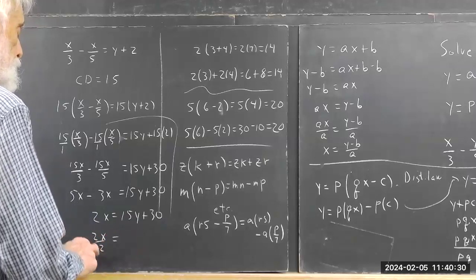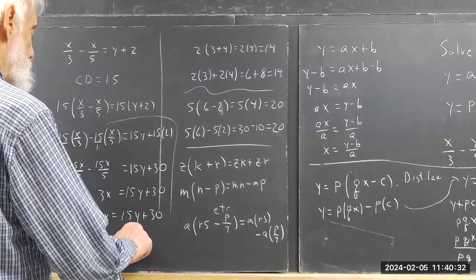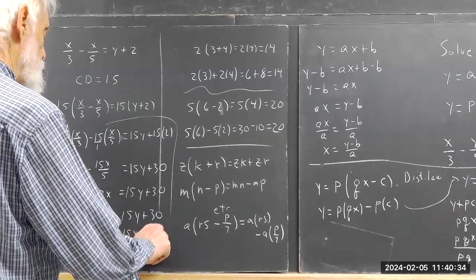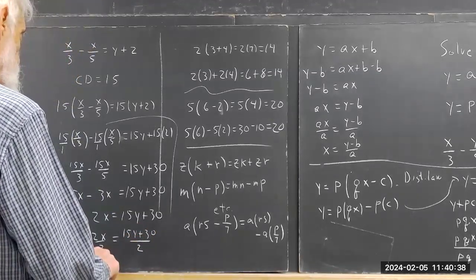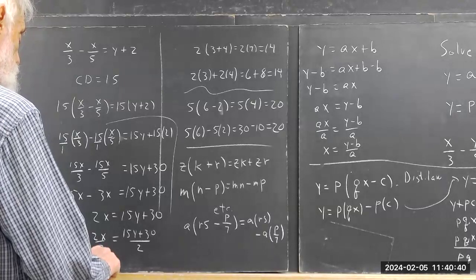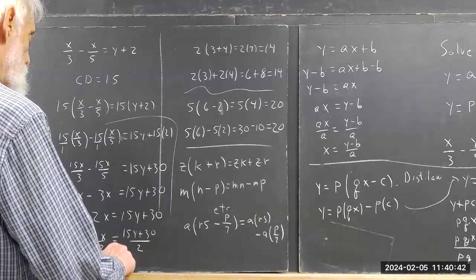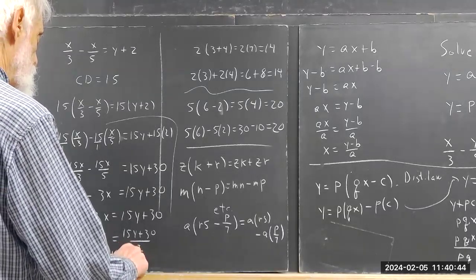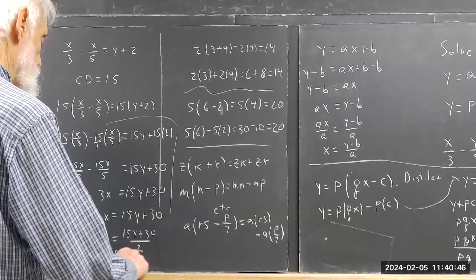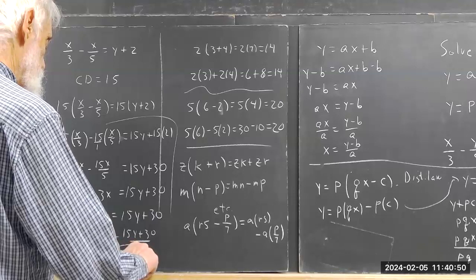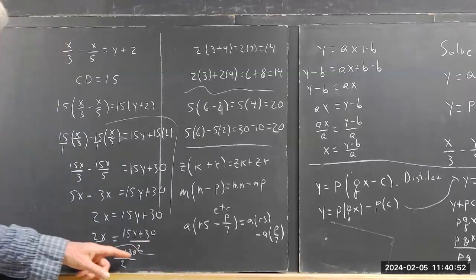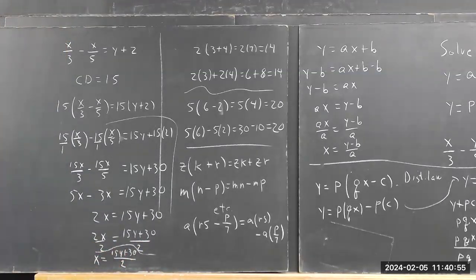You divide 2x by 2, which is then just going to give you x equals 15y plus 30 over 2. Okay. Now we'll make a note.